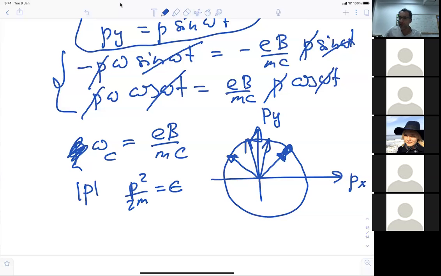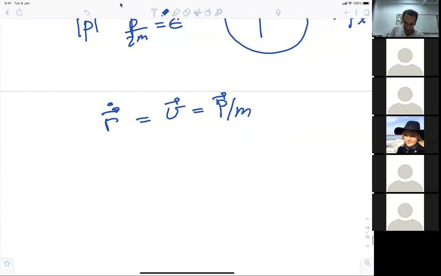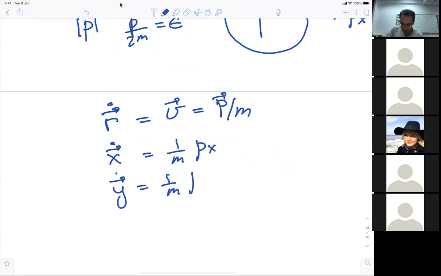Now the next question to ask: what does it mean about the trajectory of the particle in real space? We know that r dot is equal to velocity, and this is equal to p over m for the case of parabolic spectrum. So x dot is equal to 1 over m px, and y dot is equal to 1 over m py.